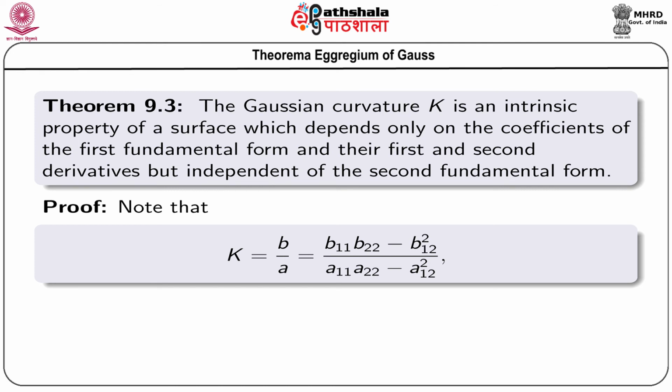We have obtained this relation earlier from the Gauss equation in the previous chapter. B is the determinant of B_alpha beta and A is the determinant of A_alpha beta. Obviously, A should not be equal to 0.